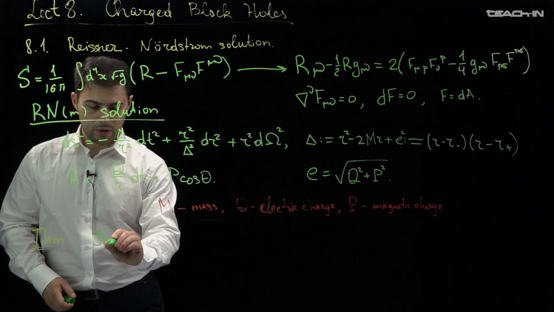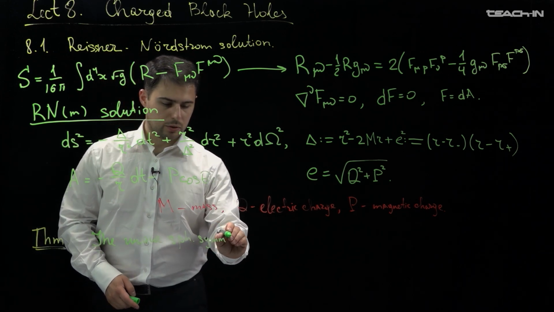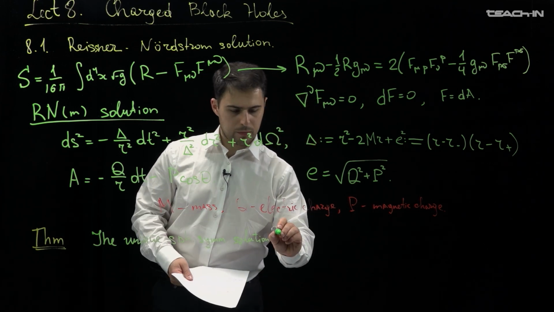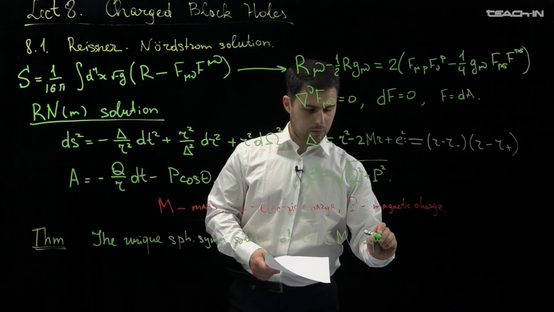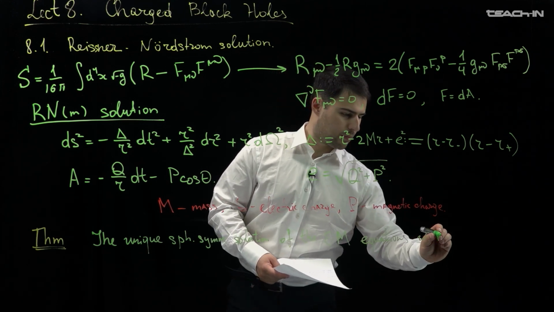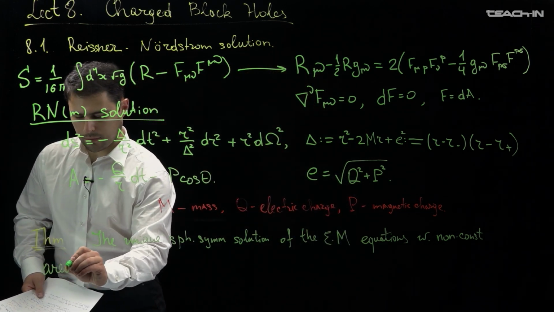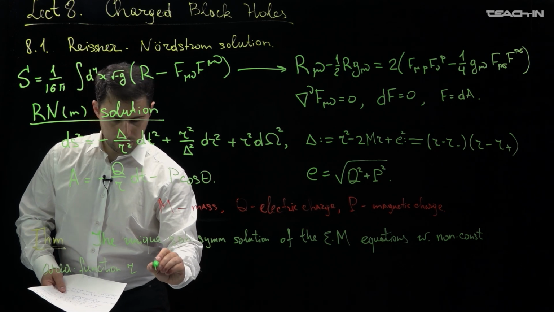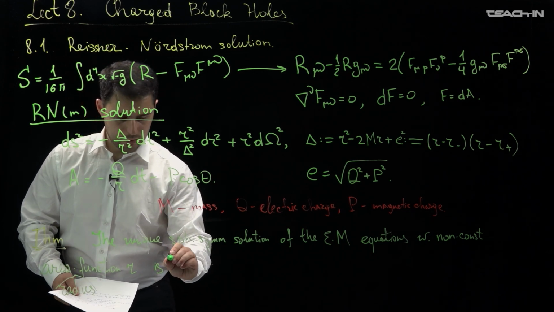So we can state that the unique spherically symmetric solution of the Einstein-Maxwell equations with non-constant area radius function r is the Reissner-Nordström solution.